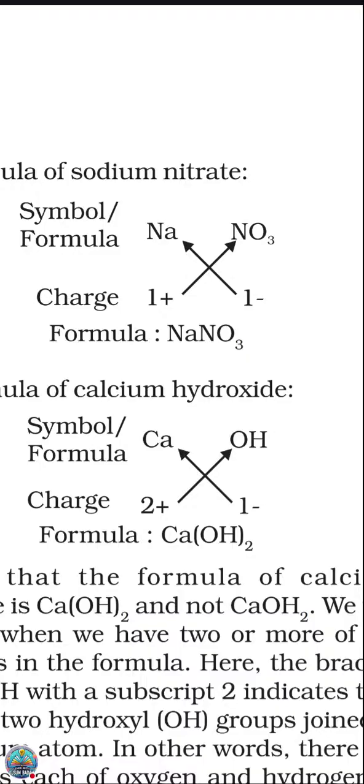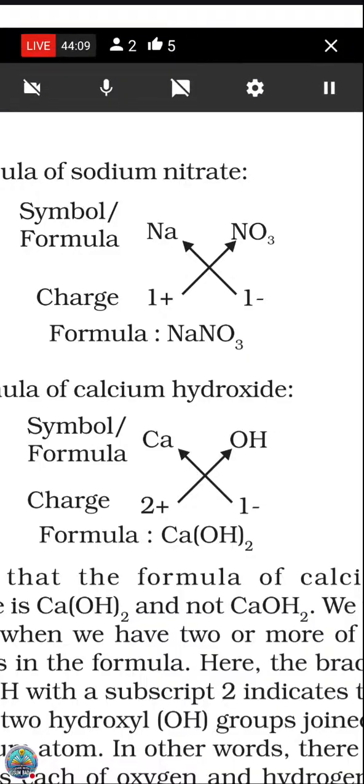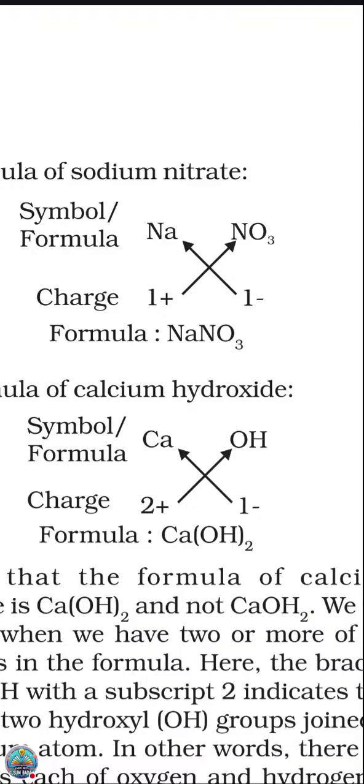Very good. What is the speed of light in vacuum? Three multiplied by 10 raised to 8. 3 multiplied by 10 raised to 8 is the speed of light in vacuum.